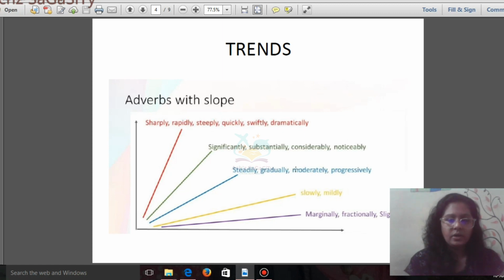According to the slope you want to use. Then after that, significantly, substantially, considerably, for a noticeable increase. Then at last, if it is a heavy increase, you can use sharply, rapidly, steeply, quickly, swiftly, dramatically, drastically. So according to the trend, you want to use different adverbs to denote that. Once you write a significant increase, then you can write a dramatic change next. According to the change you want to use.